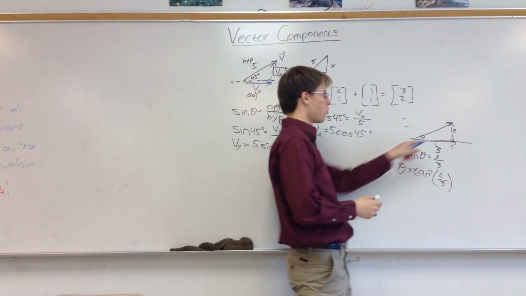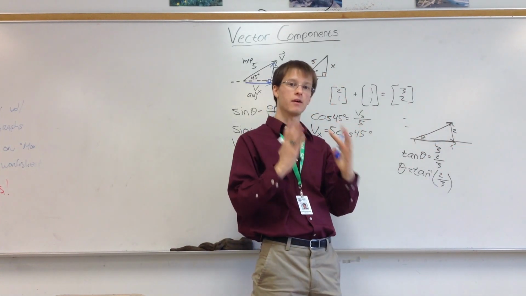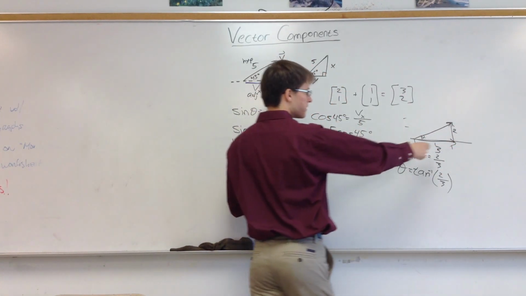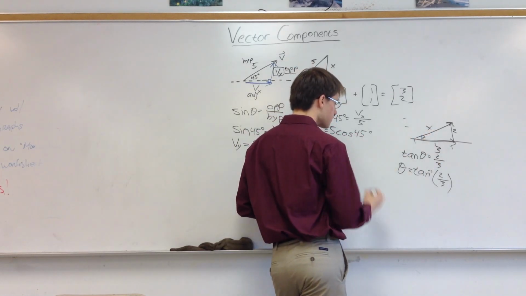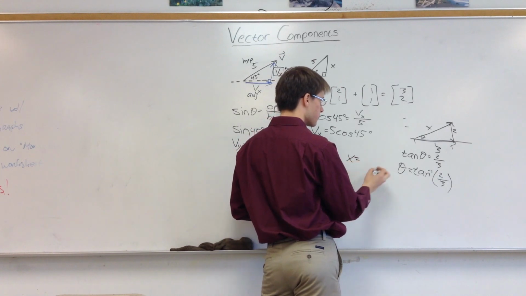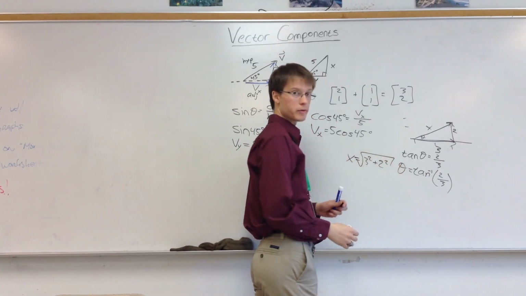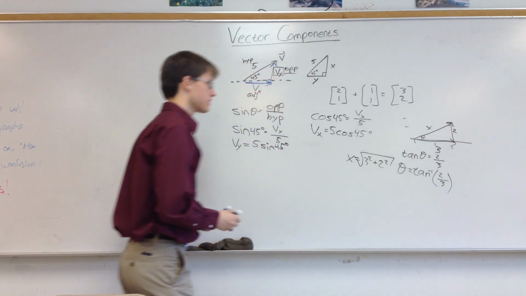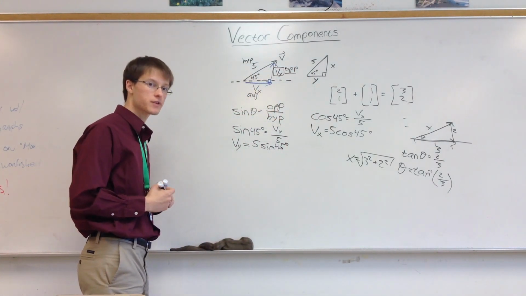Furthermore, we can say, well, how long is this vector? We know it's 3, 2, but what's the actual length of the vector? To do that, we can use the Pythagorean theorem. We can say, if we call this side x, then x is equal to 3 squared plus 2 squared, all square rooted. So these give us general formulas for how to find the length and angle of a vector.